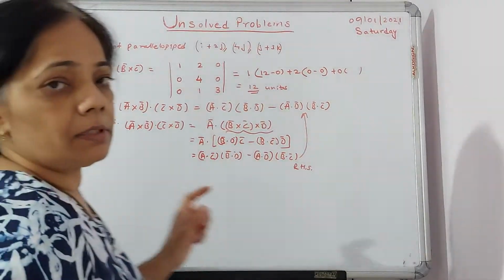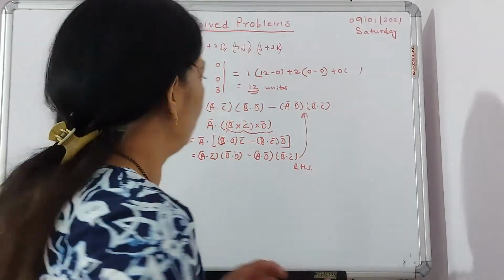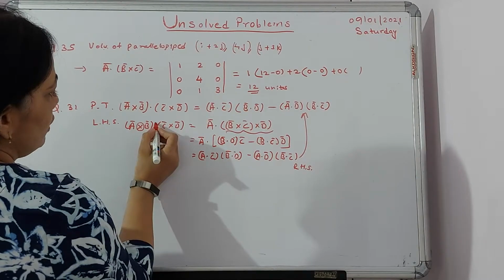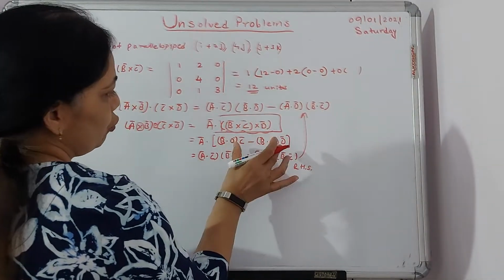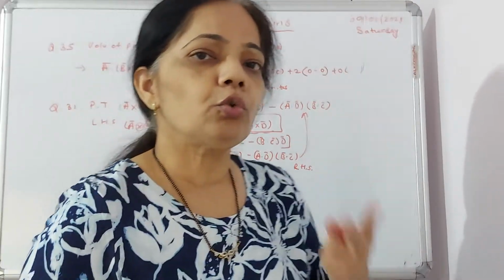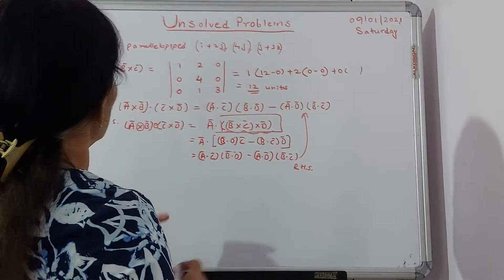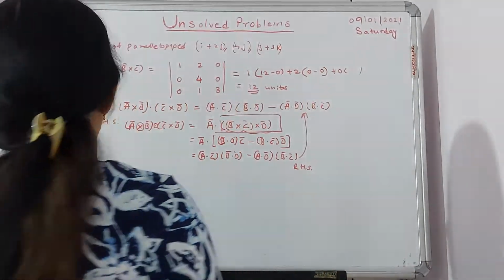Right? At times this question is asked for 5 marks where there is hardly anything to do. Only I changed this cross and dot product, and this identity is well known. So once you know this, there's just a two-step answer to fetch 5 marks. Correct? So after doing the 35 question and the 31 question, we'll go back in the reverse order.